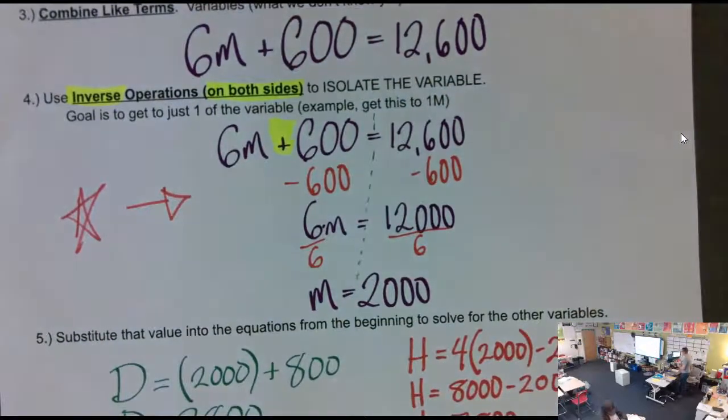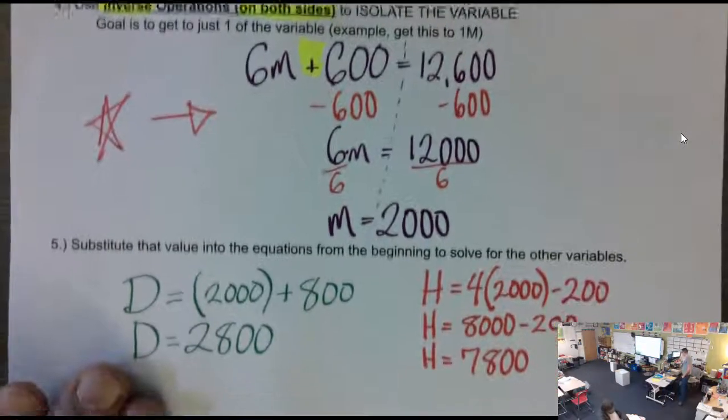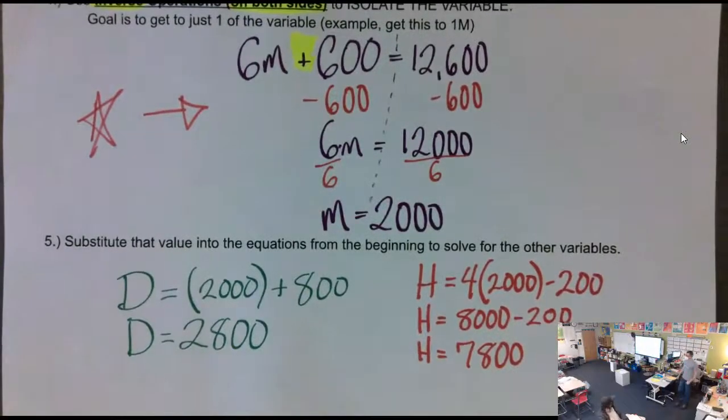And then, since we had 6 multiplied by m, what's the opposite of multiplication? Division. So we divided by 6. After we solved out what m was, we grabbed the expressions from the beginning, plugged in what m is, and solved for the others. You with me?